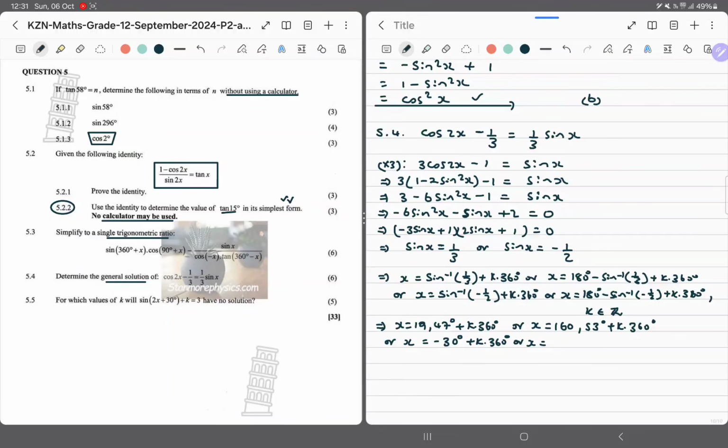This is going to be 180 minus 30 degrees, isn't it here? It's 180 minus 30, so that's going to be plus 30. So we just add 180, which gives us 210 degrees plus k times 360 degrees. And then we can write where k is an element of integers, and that's our solutions.